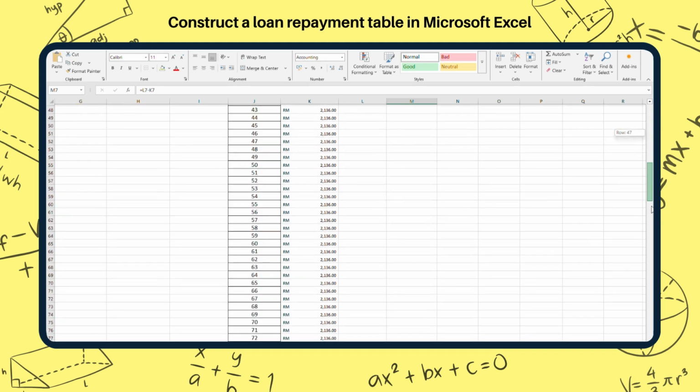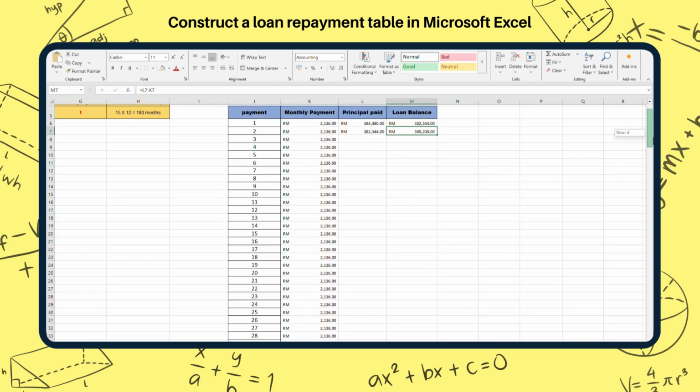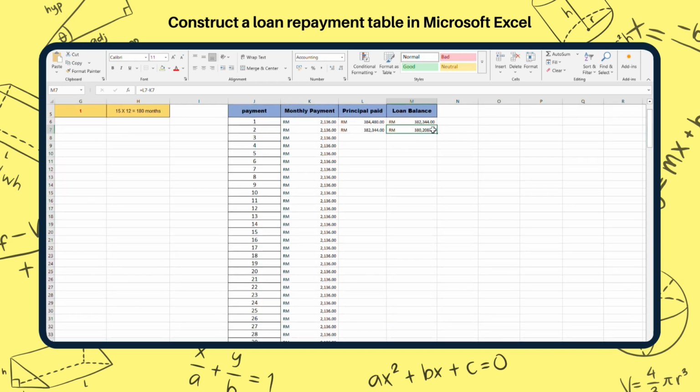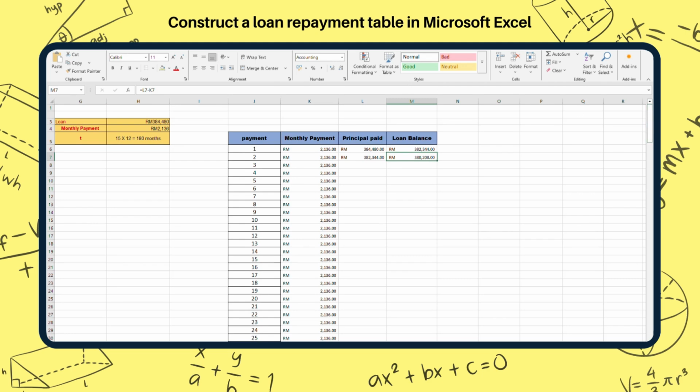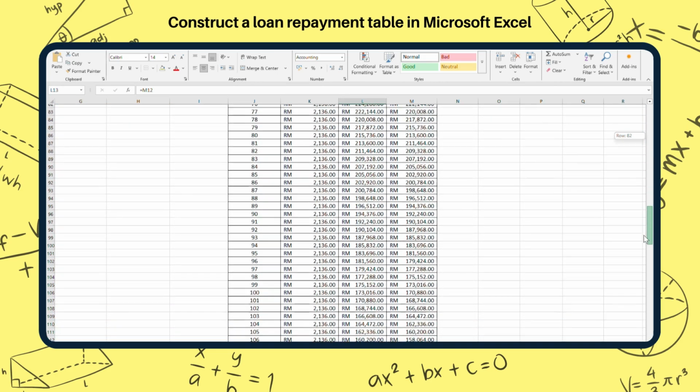As usual, this method will continue until 180 months, which means 15 years. This is the loan that Gloria House totally borrowed. So here are the full details that we are finding.